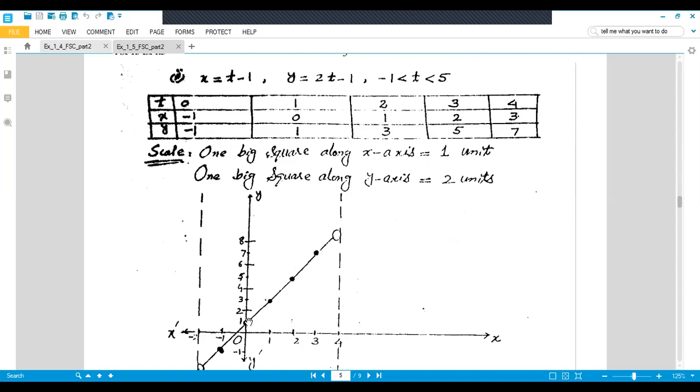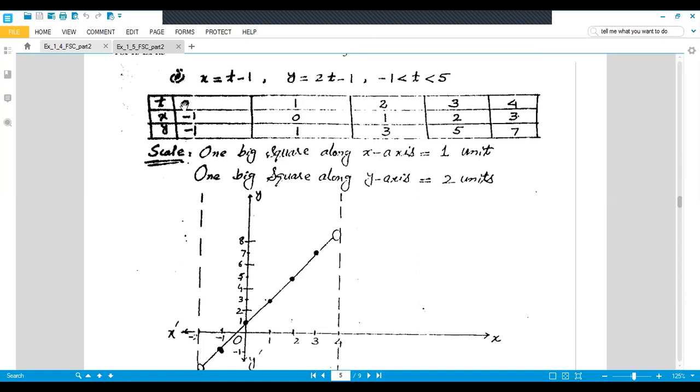On the y-axis, it is from minus 1 to 7. So minus 1, 0, 1, and after every 5 small boxes 2, 3, 4, 5, 6, 7, and 8.